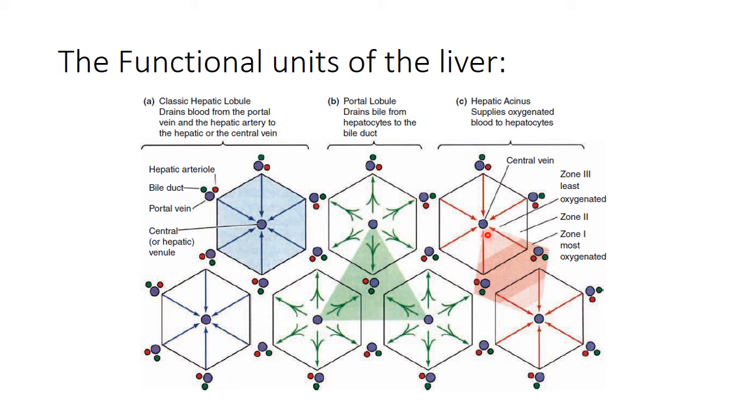Their function is mainly related to glycolysis and lipid formation, which are functions that don't need oxygen supply as other functions do. In the middle we have zone 2, which is intermediate between zone 1 and zone 3 in relation to oxygen supply.